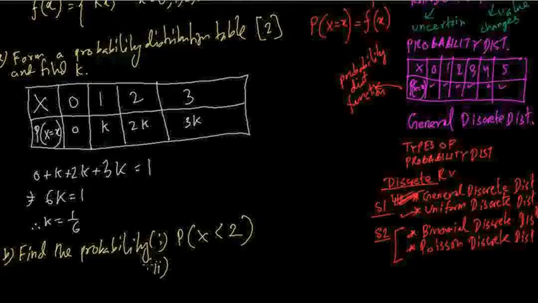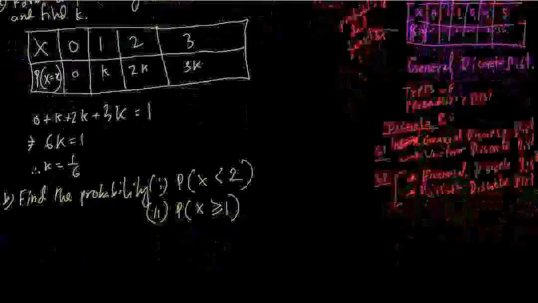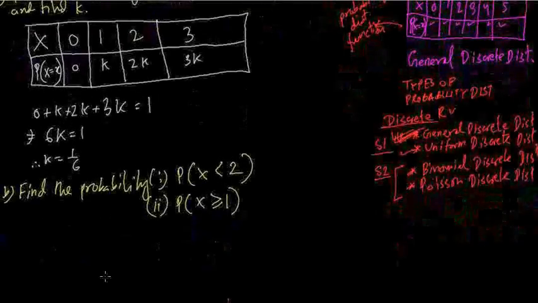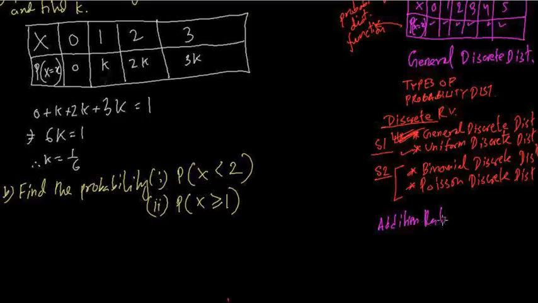Number 2, probability of x is greater than or equal to 1. So let's do this particular sum. In order to do this one, you have to remember, whenever we are finding the probability, the values are added together. That's called the special rule of probability, the addition rule of probability.